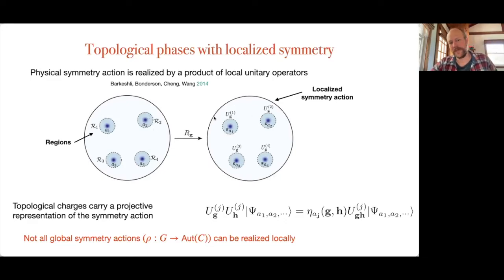And what happens is we'll pick up some phases, or local unitaries, if you want to think about the microscopics, which I've labeled U sub G. And what the authors of this paper showed is those phases form a projective representation of the global symmetry group G. Okay, now it turns out not all global symmetry actions can actually be realized locally.